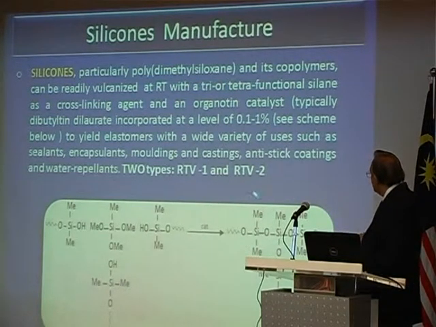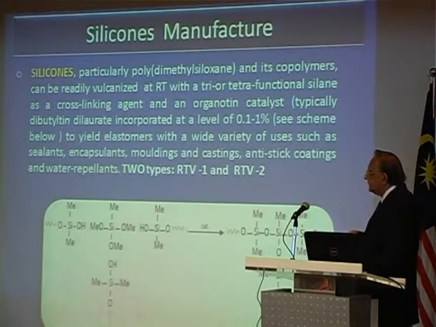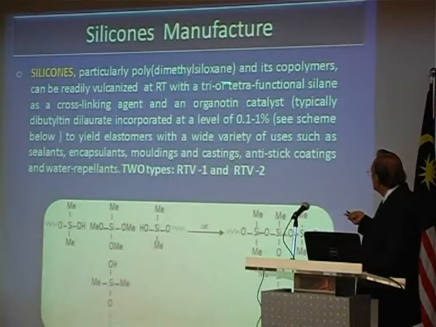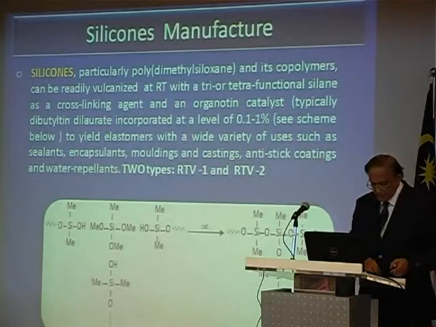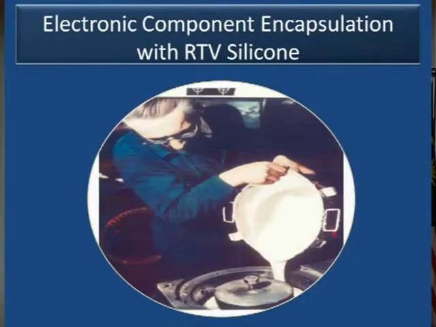Or the cross-linker and the tin are mixed separately and then added on to the polydimethylsiloxane, and you get that. So I won't bore you with that bit of the mechanism. This is how, for example, the encapsulation with RTV silicone is done. Silicone rubbers are used everywhere. RTV1 is used for gaskets, the other one for resin molds.